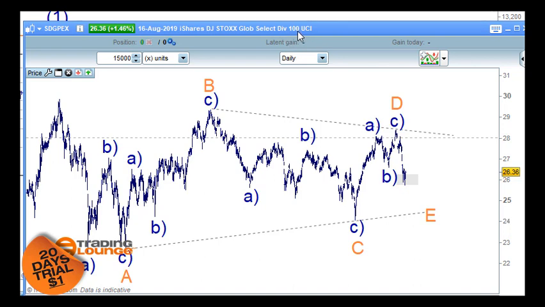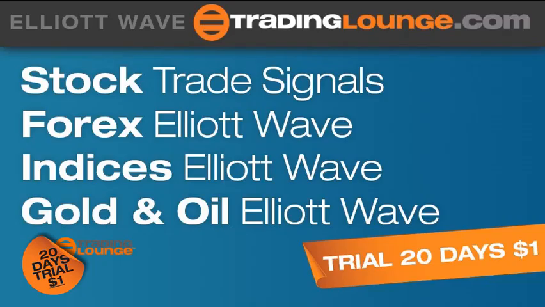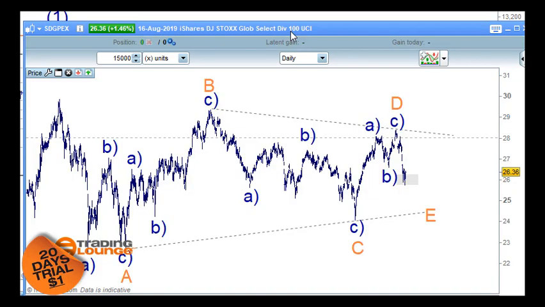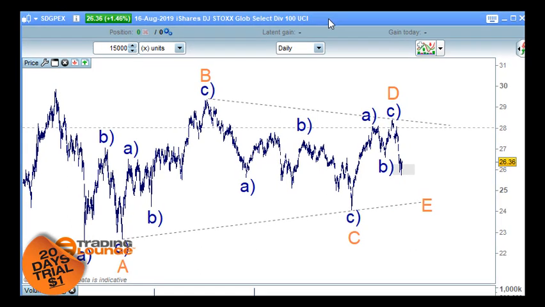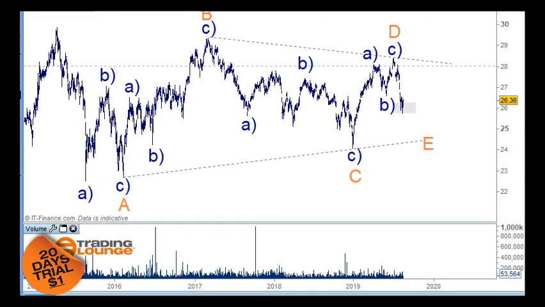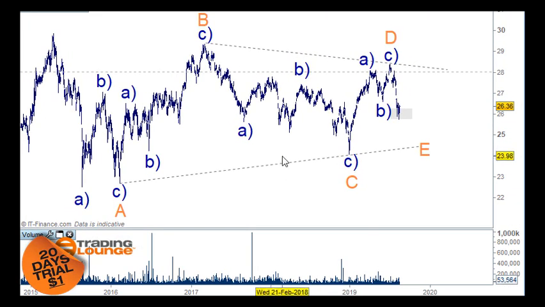So basically what it means is that they've selected what they consider to be the top 100 stocks in the US and Europe and so on for dividend yields. If I look at this chart here, it's a daily chart, and I go back to 2016 here, then that will be the 2015 high, the high of the DAX there.